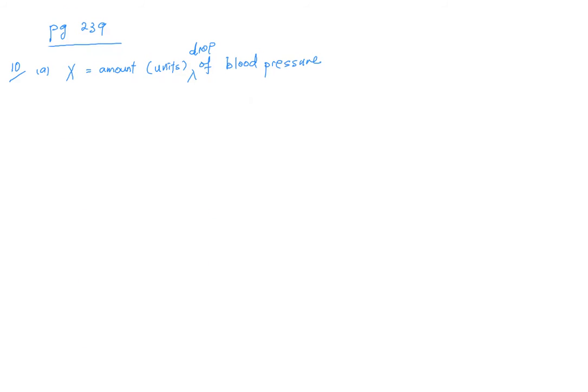Okay, and the question said that X is normally distributed with a mean drop of 5.9 units and a standard deviation of 1.9 units. So I want to find the probability, the percentage of people who show a drop of more than 4 units.